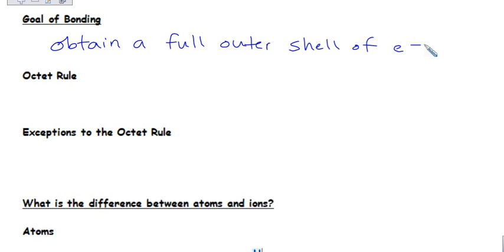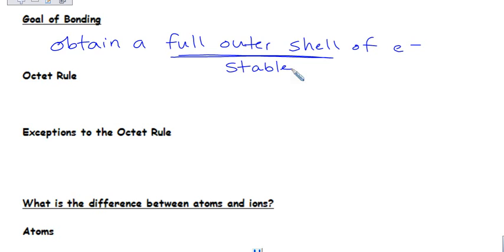The only atoms that naturally have a full outer shell are the noble gases, and that's why they're non-reactive. They don't need to make bonds. They already have a full outer shell of electrons. All other atoms will need to make bonds in order to occupy their entire outer shell of electrons. That's stable. We should put that in here. A full outer shell of electrons is stable.